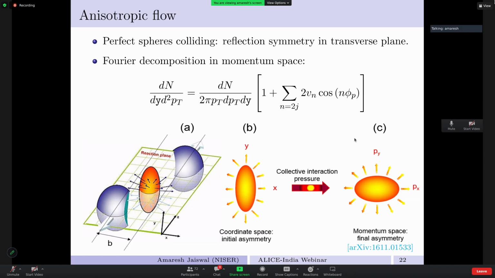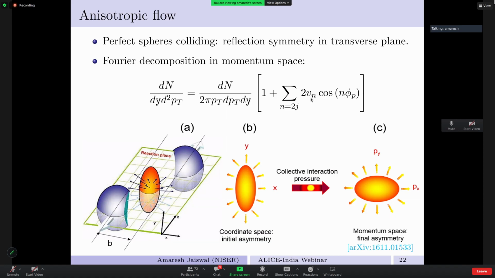So in the old smooth picture for flow, only the even v_n were considered.